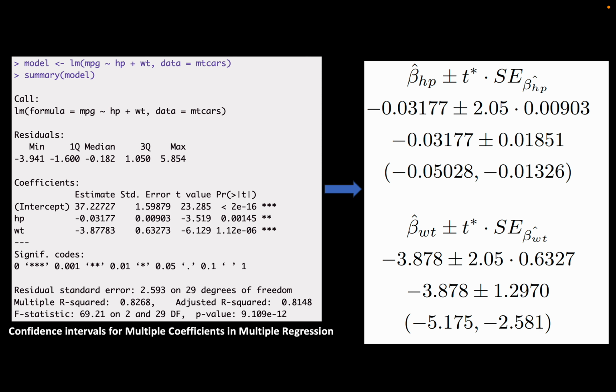We can observe that the 95% confidence interval for the horsepower coefficient ranges from minus 0.05028 to minus 0.01326, while the coefficient for the weight attribute ranges from minus 5.175 to minus 2.581.